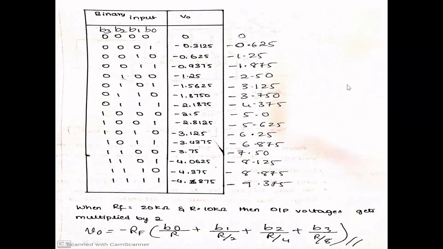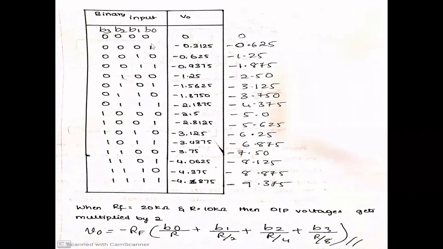So suppose we consider resistance RF to be 20 kilo ohm and R to be 10 kilo ohm. Okay, in that case, what is the value of the output voltage we get with your binary inputs?